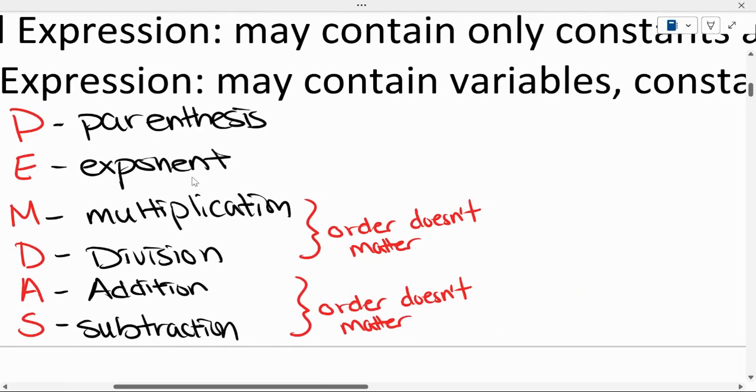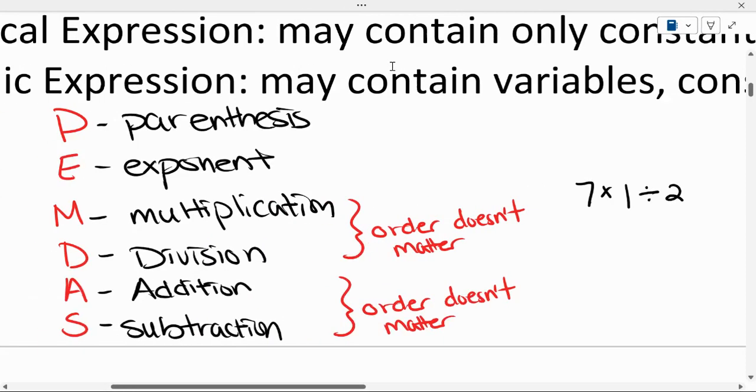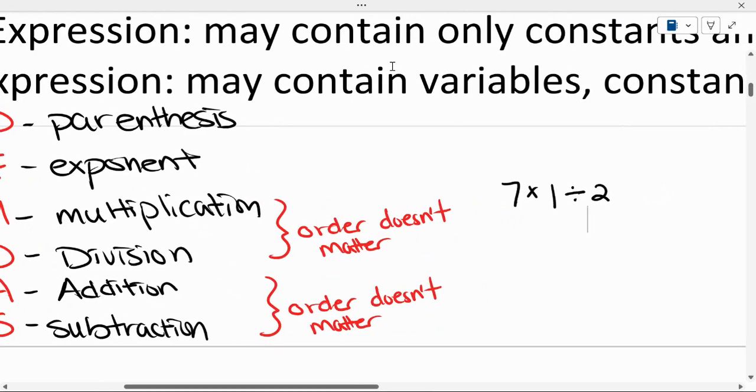Let me write an example, like 7 times 1 divided by 2. You can do 1 divided by 2 first, and then multiply it by 7, or just 7 times 1, and then divide the product by 2. And it's the same for addition and subtraction as well.